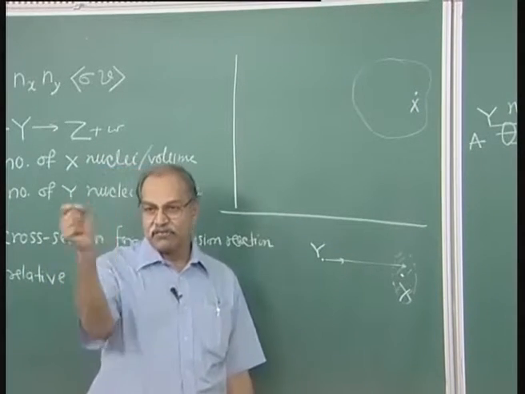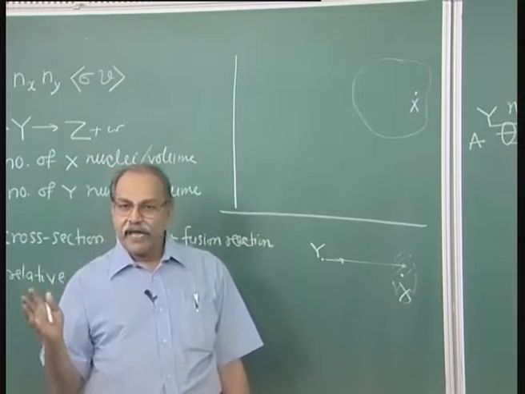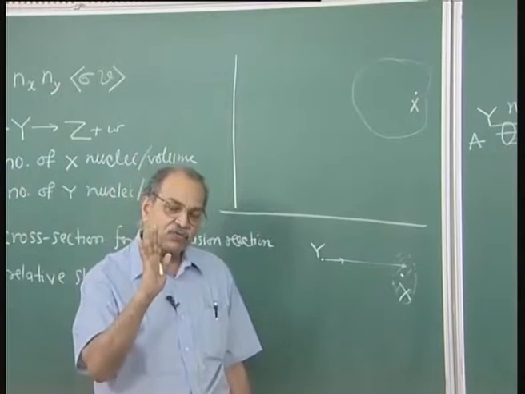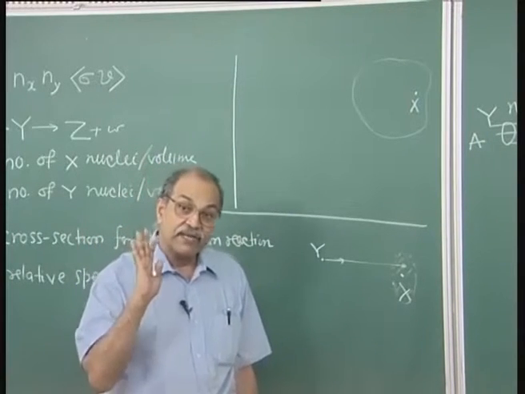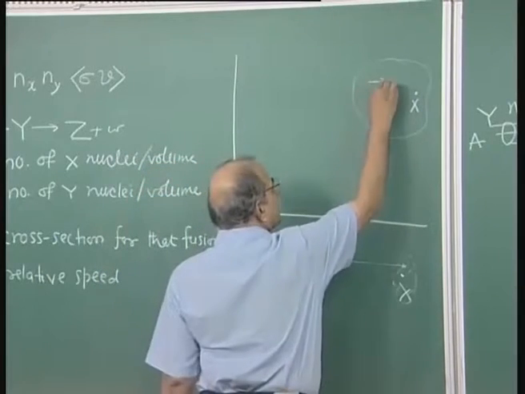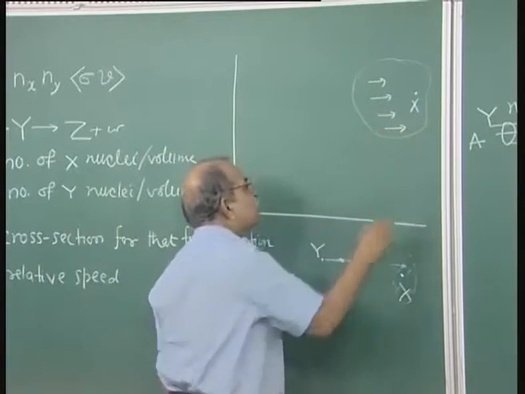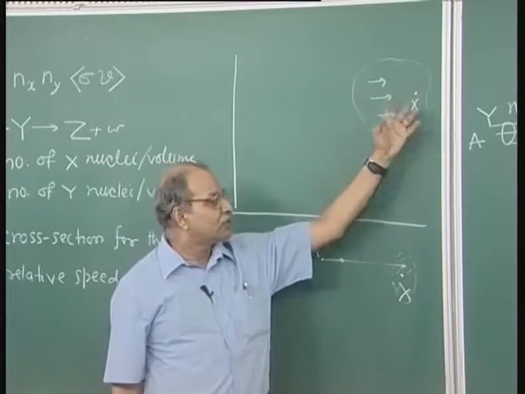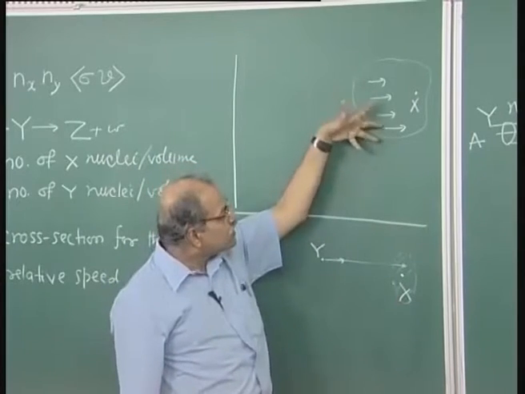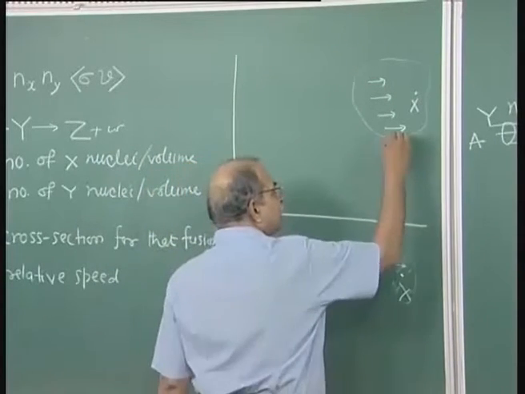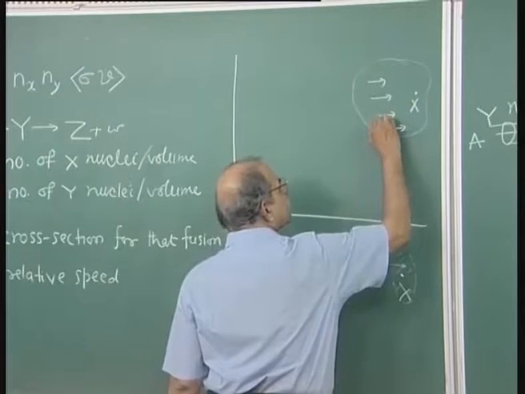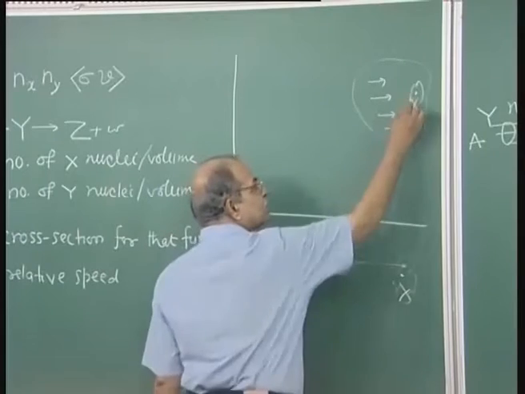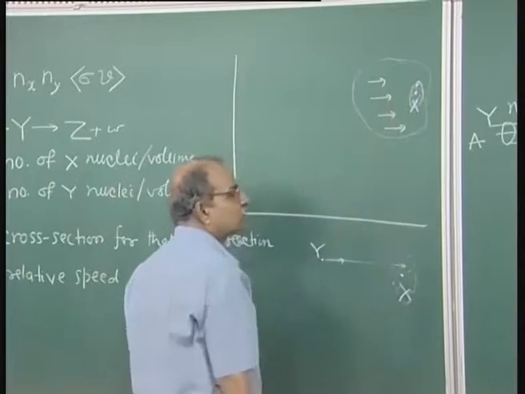So if I use relative velocity in place of v, and then look at the group of y nuclei which are coming towards this nucleus from a particular direction, this situation is very close to that situation. The directions are different, that is okay, but if the nuclei are coming from some other direction, for that direction you will construct a sigma and then see how many are going through this.